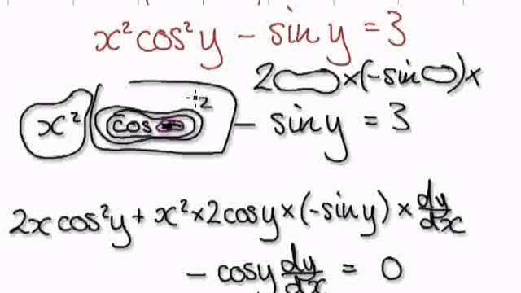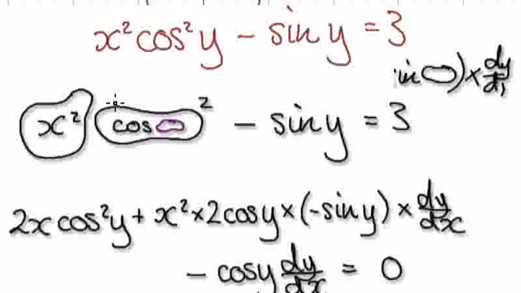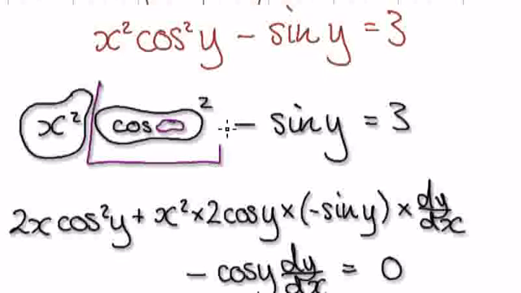And then, because this purple bubble, which is y by the way, contains x somewhere in there, you've got to times dy by dx here. You see the hard part is in trying to differentiate this bit here.